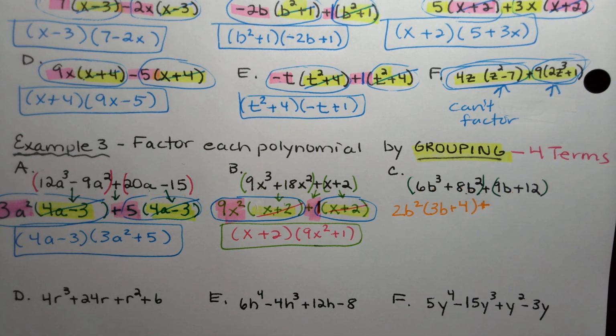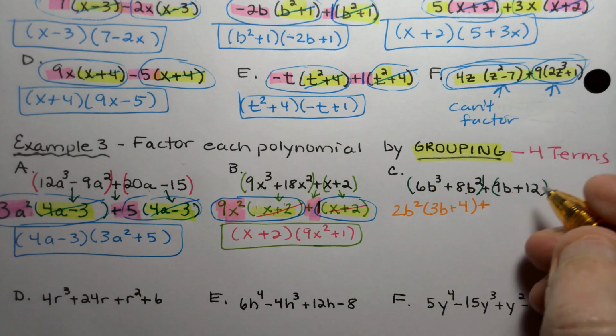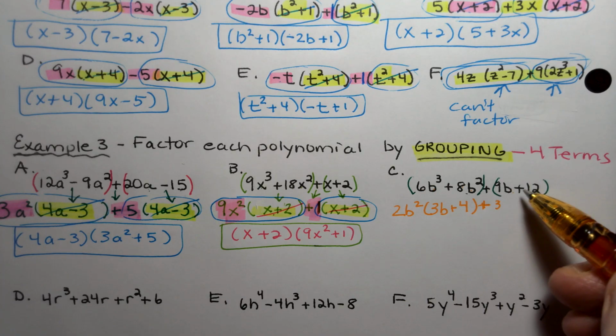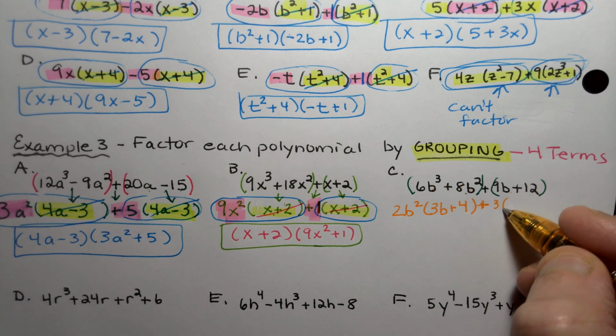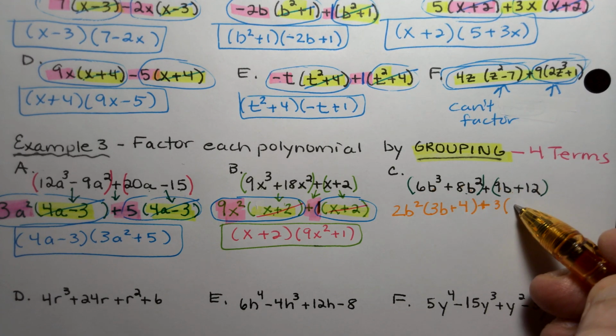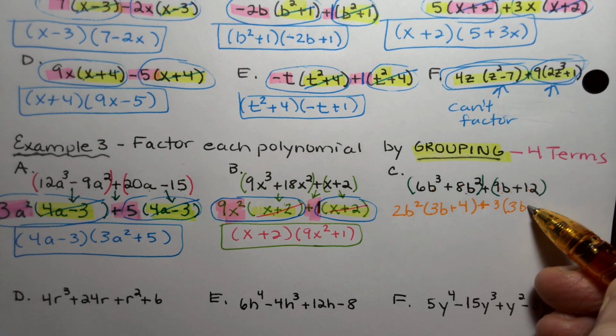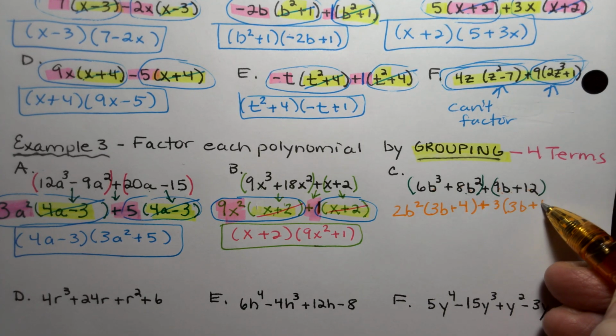Can I take anything out of the 9 and the 12? Yes, I can take a 3 out. Can we take any b out? No, because that doesn't have a b. That one does, but not that. So I'm going to leave the b. 9 divided by 3 is 3. The b is still there. And 12 divided by 3 is 4.